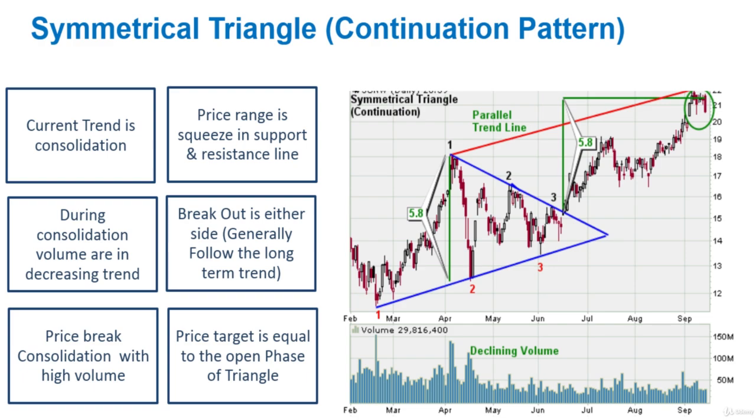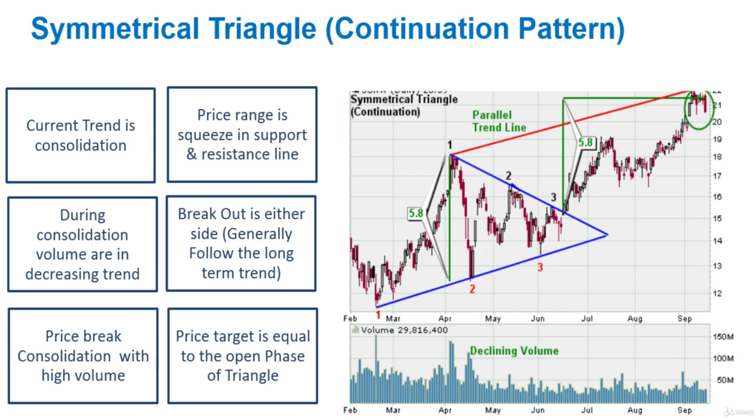Points 1, 2, 3 are connected by the blue uptrend line, and in a small time we also see another blue line, a downward trend line, connecting points 1, 2 and 3 shown in black color. Once the price is in contraction mode and breaks the upward trend line, which acts like a resistance line, then this pattern is completed.